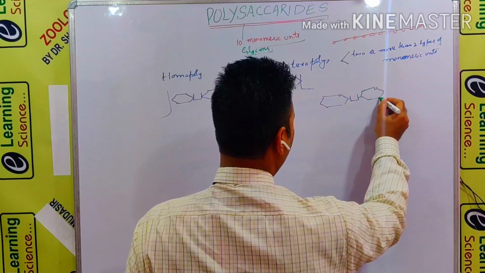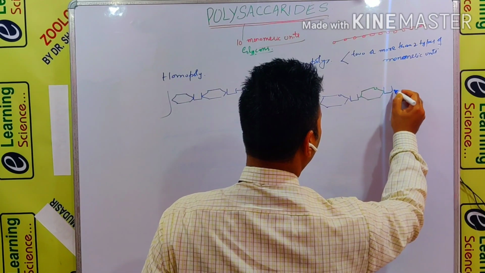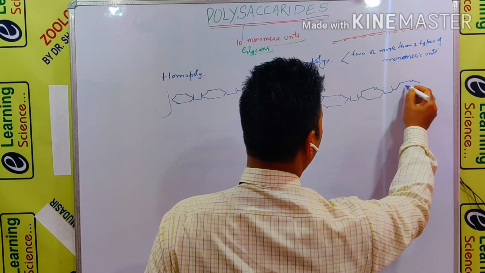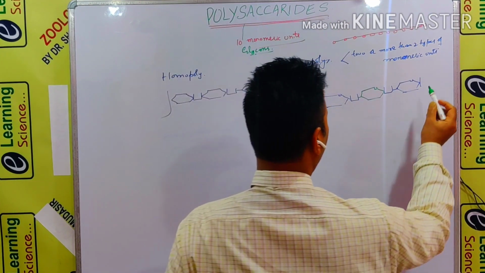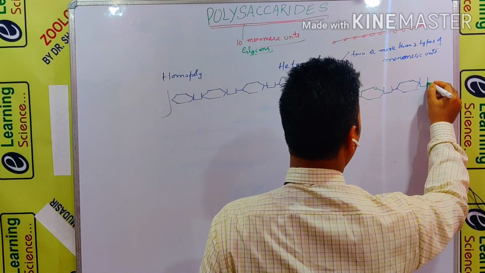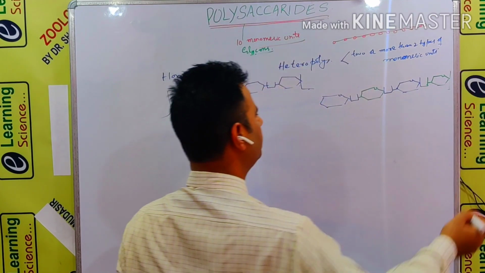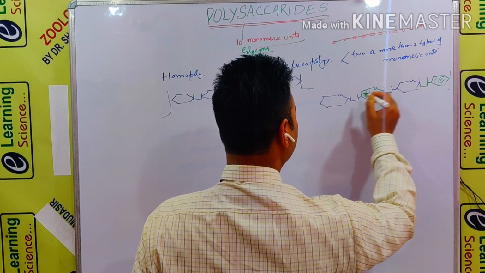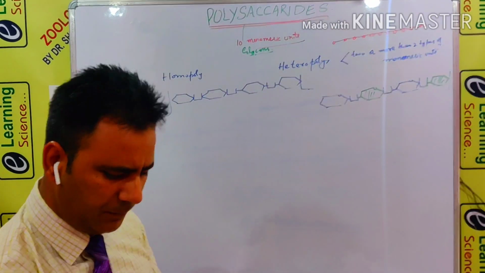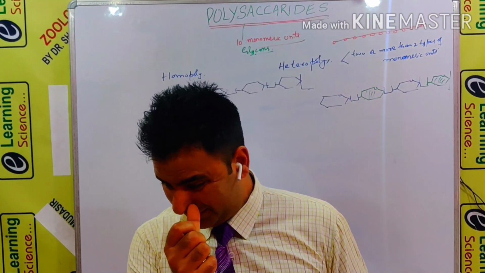Again we have this type, and then again the other type, written in green, and so on. Here we have two types of monomeric unit. This is one type, and this is another type. Therefore, we call it a heteropolysaccharide.